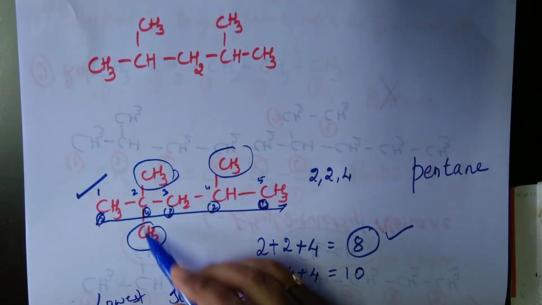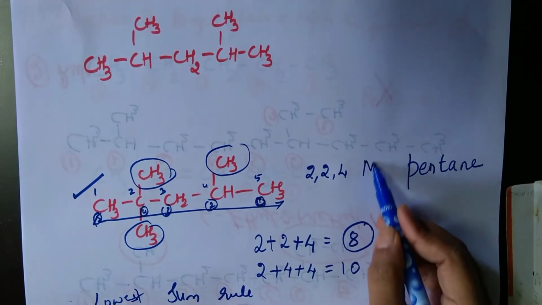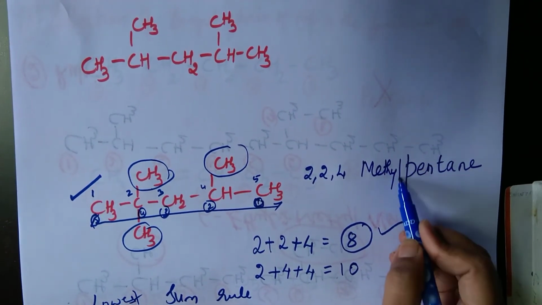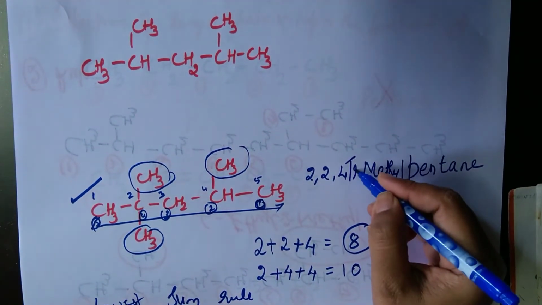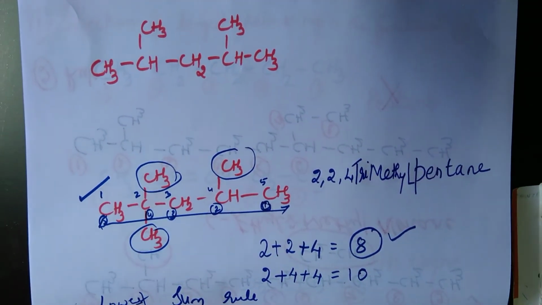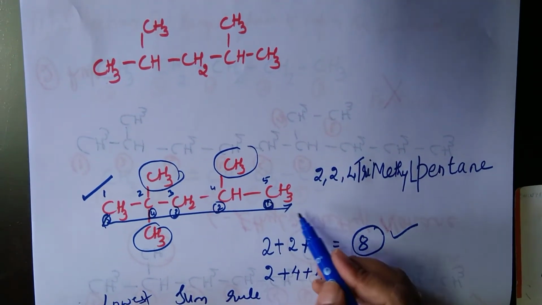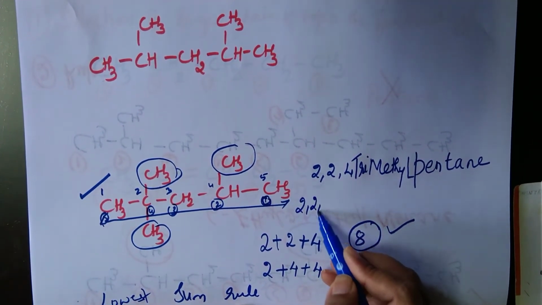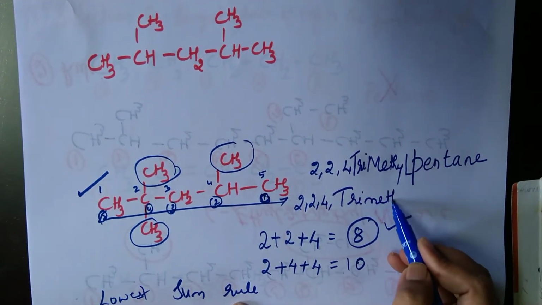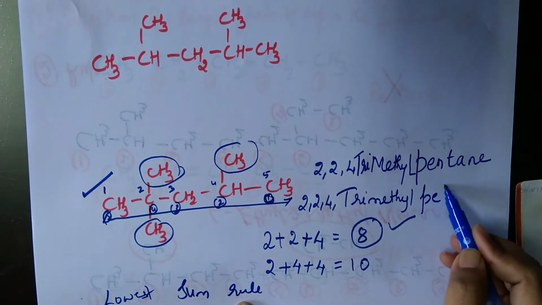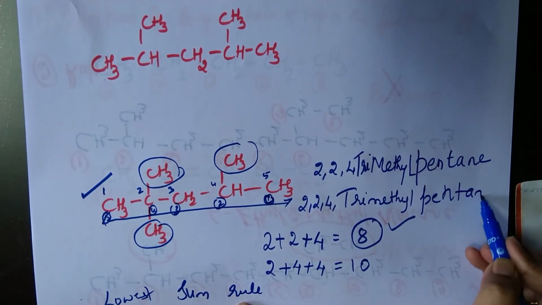Which are the substituents present? Methyl, so just write methyl. And how many methyl groups are present? 3. Hence, you have to use the prefix trimethyl. So the name of the molecule is 2,2,4-trimethylpentane.